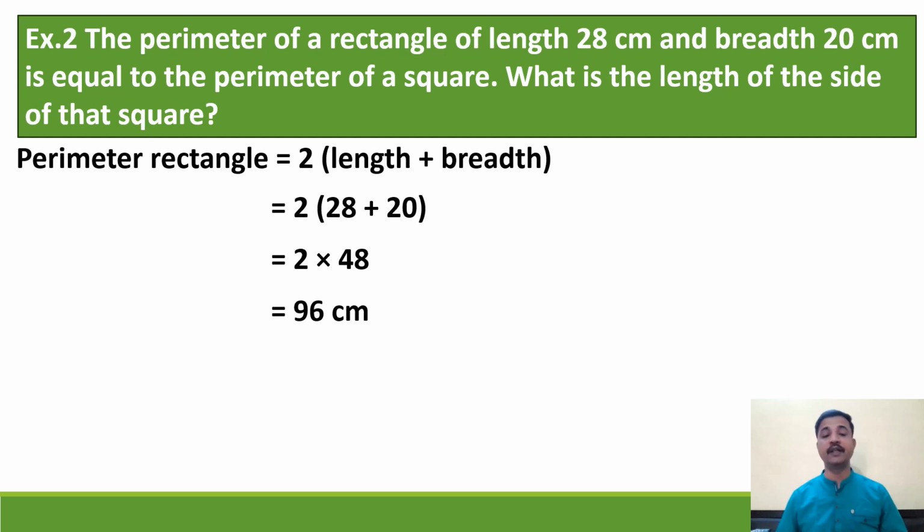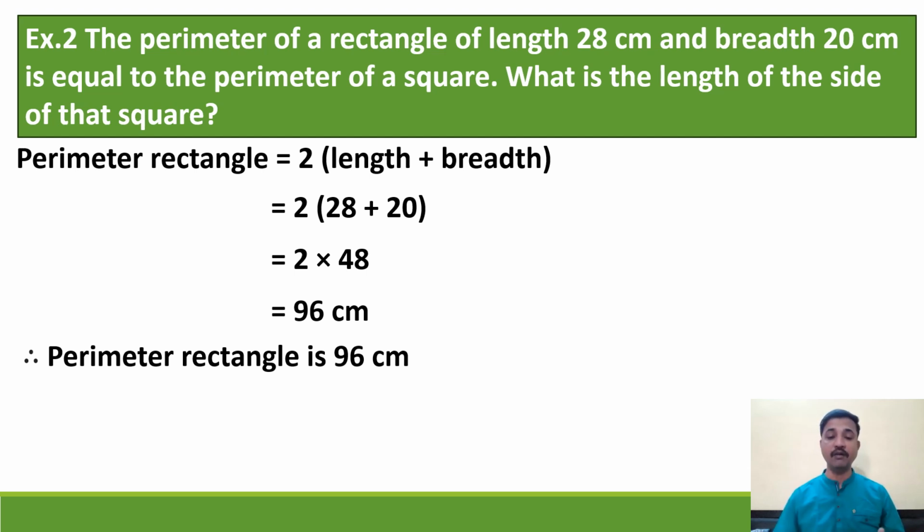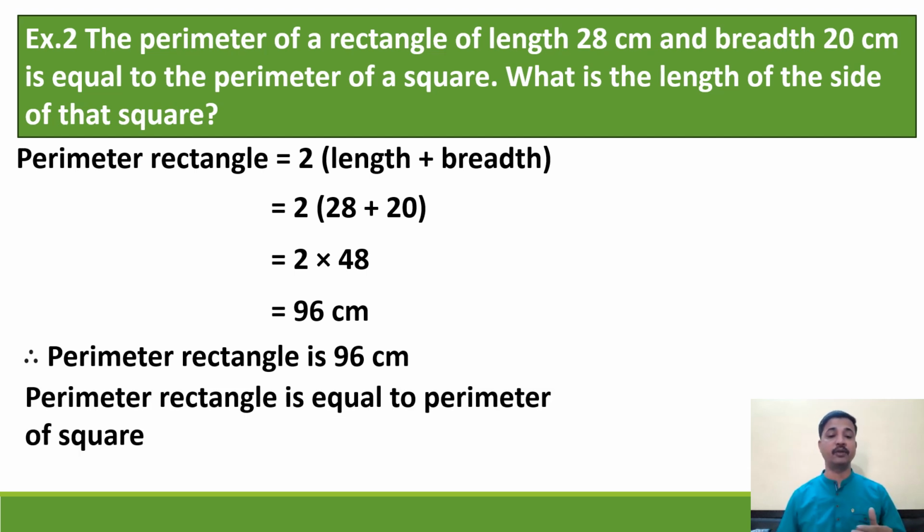So perimeter of rectangle is 96 centimeter, and that is equal to perimeter of square. So perimeter of square is 96 centimeter.